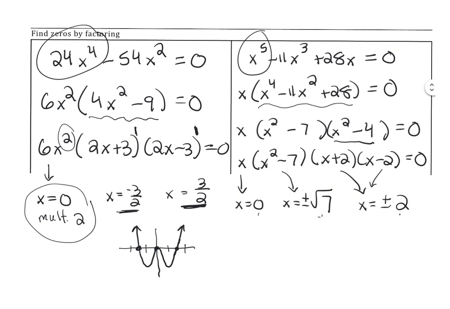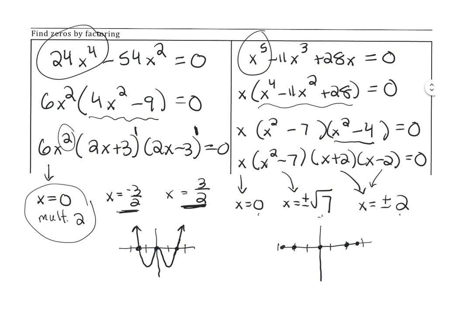And in this case, there is no multiplicity. Let's plot these zeros on the graph. So 0, negative 2, positive 2. The square root of 7 has to be somewhere in between 2 and 3. So let's just estimate here and here.